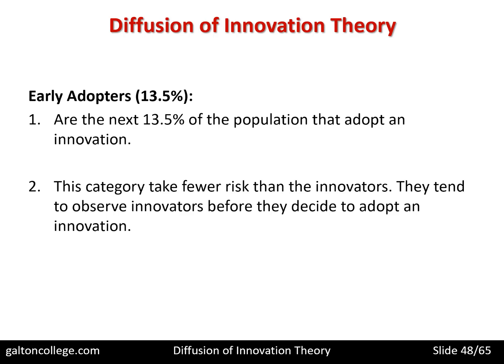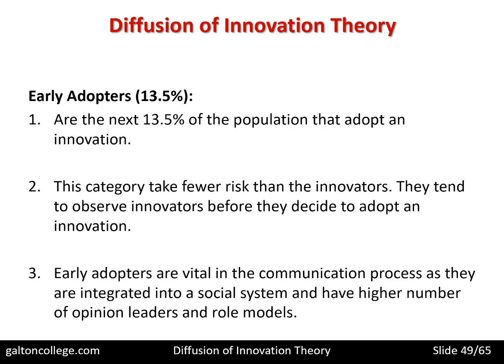They want to make sure that it's good value for money, that it does what it says, and there are no issues. There are no recalls of the product because it went wrong or whatever. They stand back a little and watch. They tend to observe innovators before they decide to adopt the innovation.